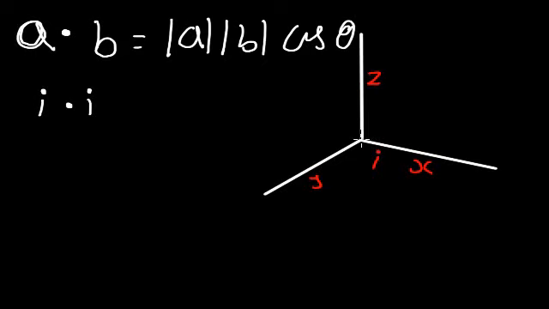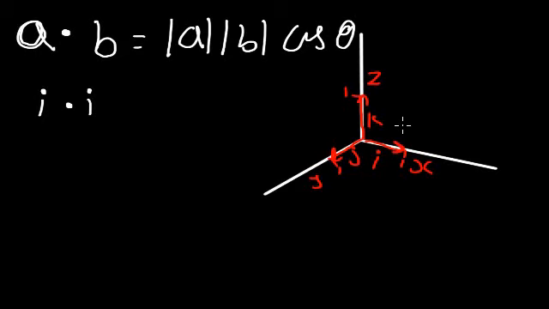For instance, if this is just 1 unit, that is i. Now if this is the y-axis, this will be j, just 1 unit. And this is the z-axis, and if this is just 1 unit, this will be k.